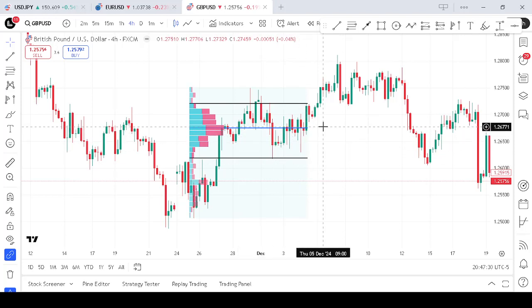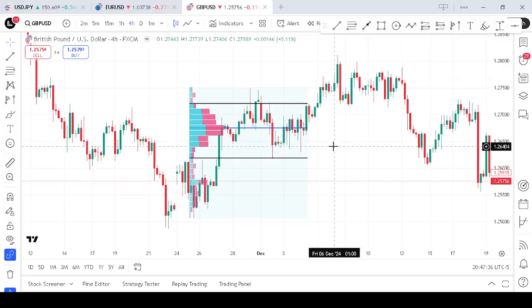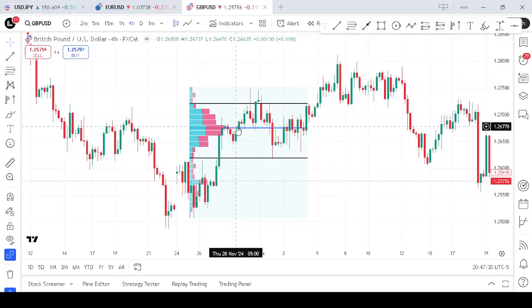Now, the third key level you need to know about is called the point of control. The point of control is the price level within the value area that has seen the highest trading volume. It acts like a magnet for price action.